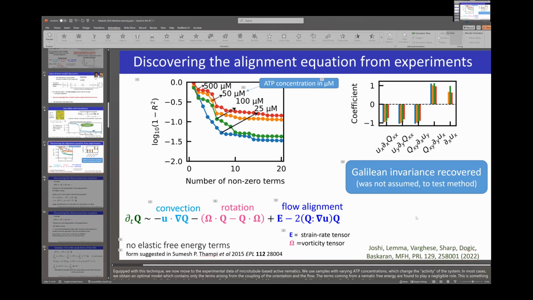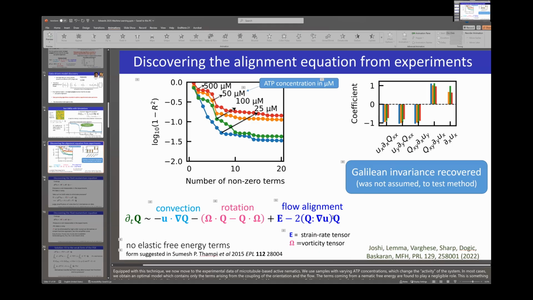And so we took a deep dive into the data to find the answer to that. And what we found is the bulk of the data that comes from these systems is in highly aligned regions. And so that's where most of what SINDy was doing was being performed, in highly aligned regions.